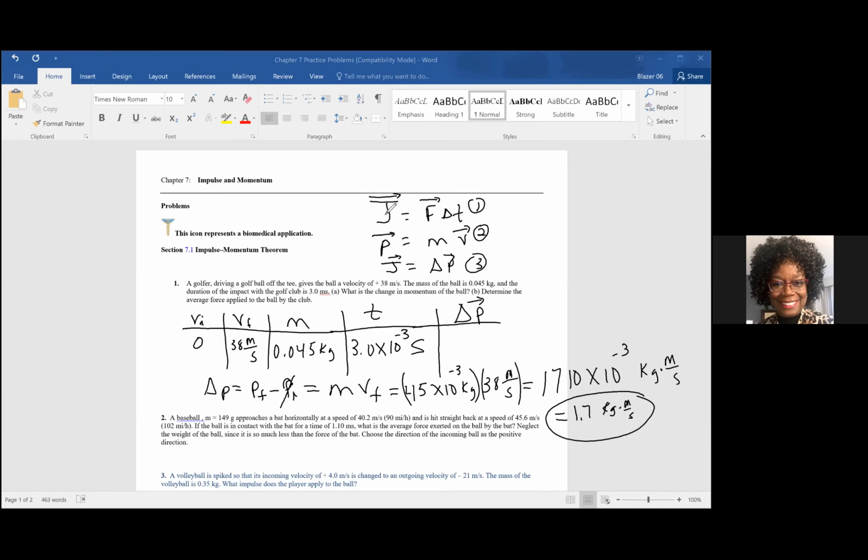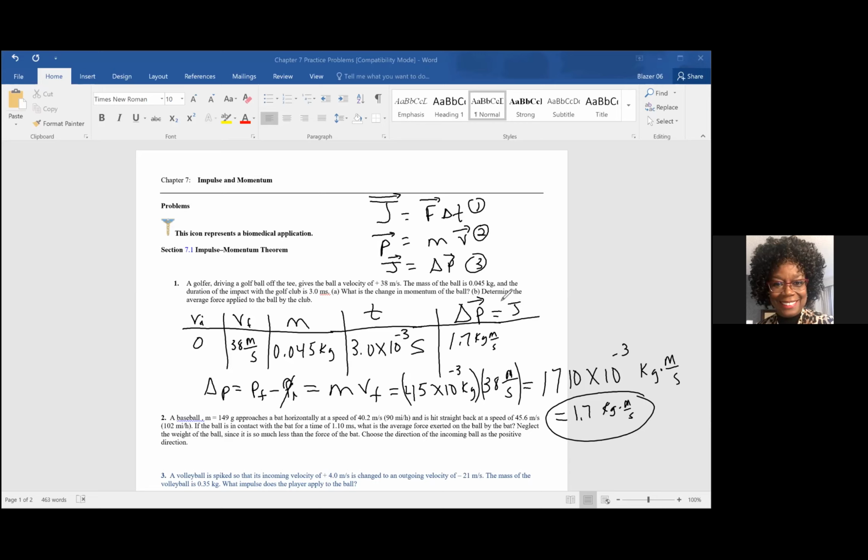So now we know what this value is. So in other words, 1.7 kilogram meter per second is also my impulse. So with that being said, what is my force?